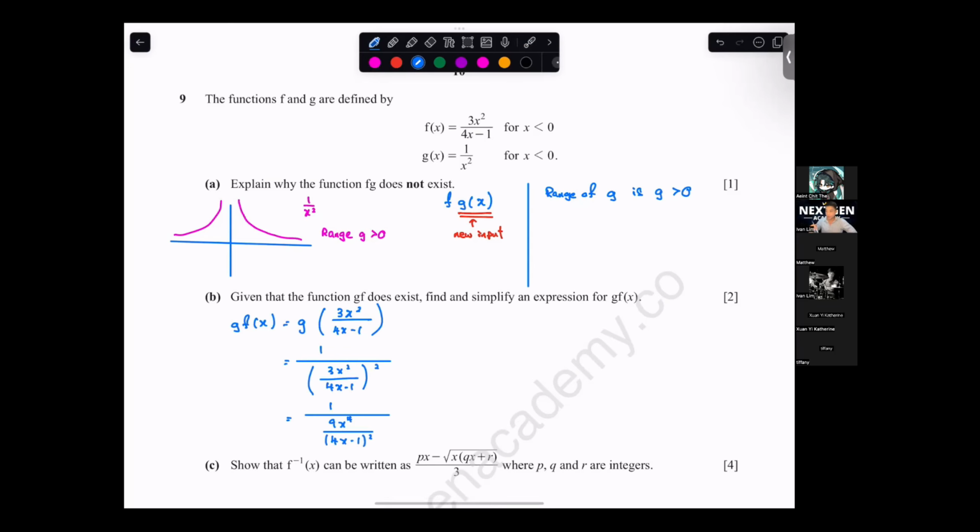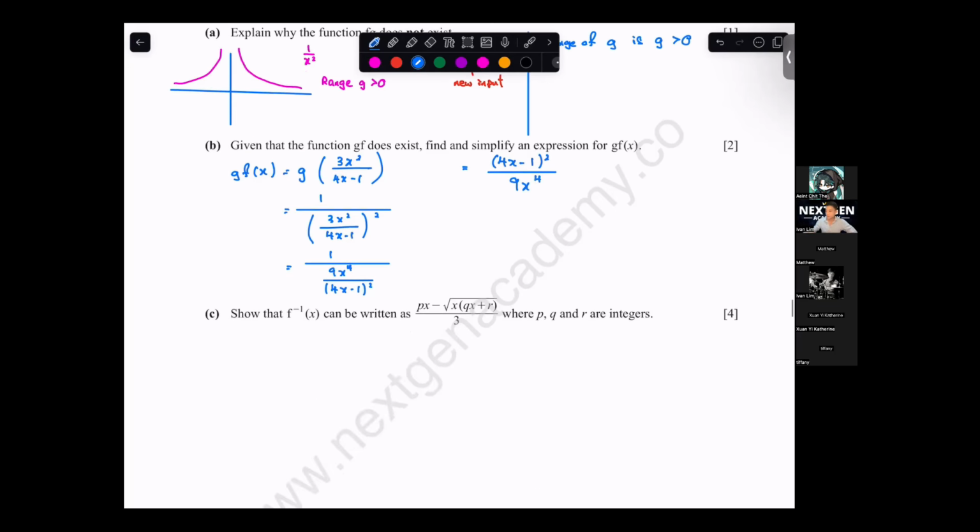When you have 1 over a fraction, you invert it, which you'll get 4x minus 1 squared over 9x to the power 4. Don't do anything extra. Just leave it like this.